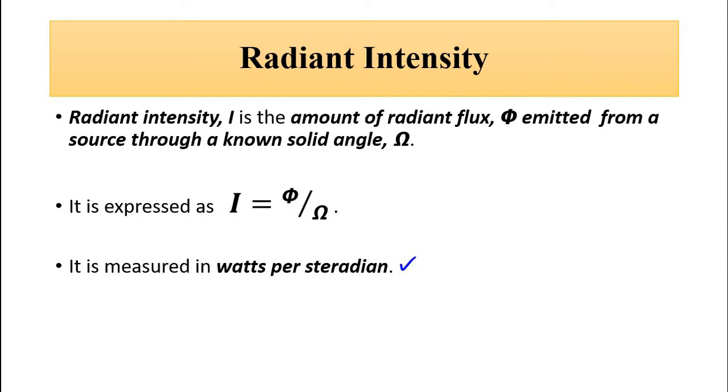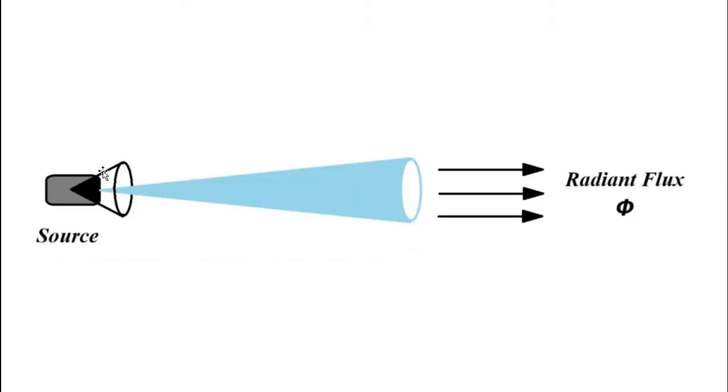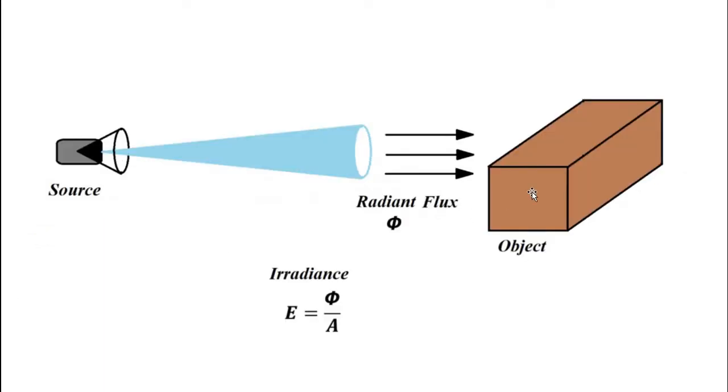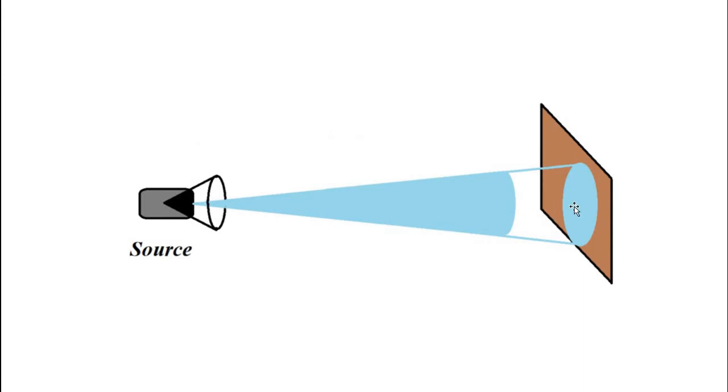Next is irradiance. Radiations from the source are focused in a particular direction, that is, radiant flux is traveling in a particular direction. Let's say it falls on an object in the path.